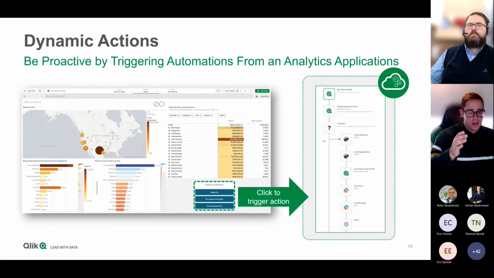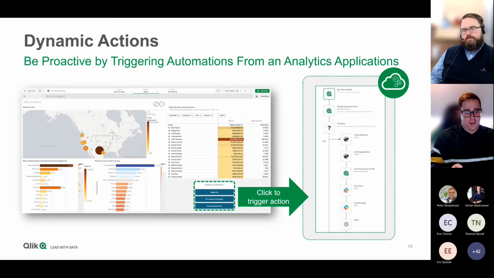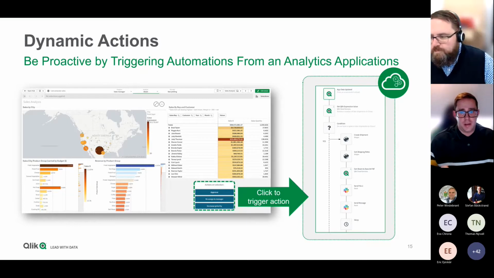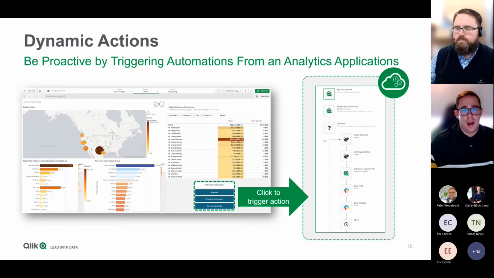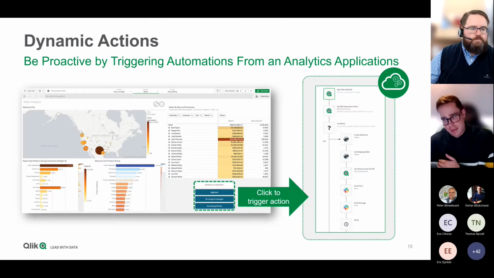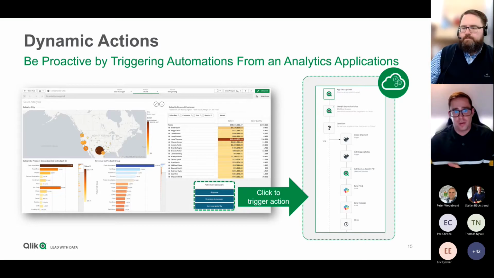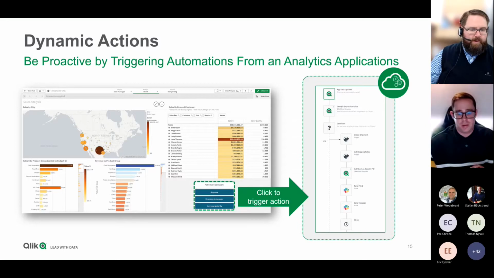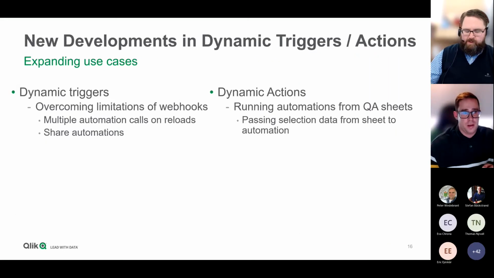So therefore, the person that is inside of the sheet and consuming the sheet information can run automations and can pass information to automations. So you don't necessarily have to be in the automation itself or in the workflow builder to get the data and get the results that you're looking for. And I think that's really important.